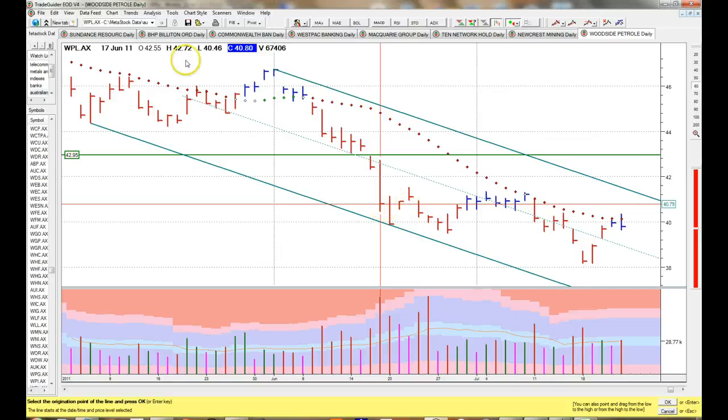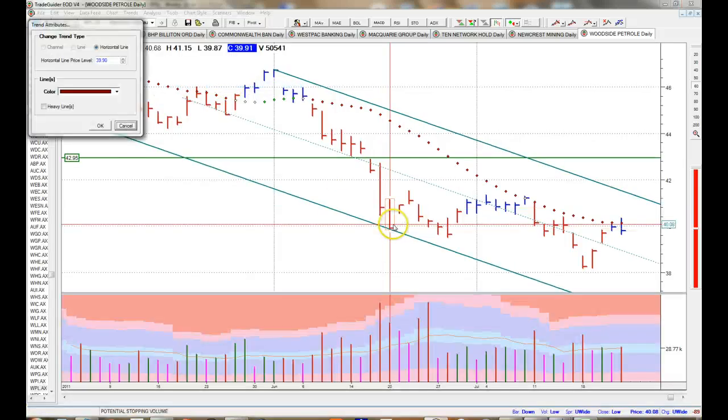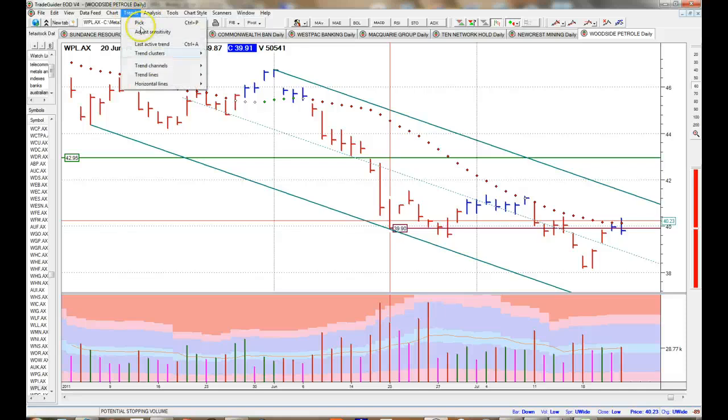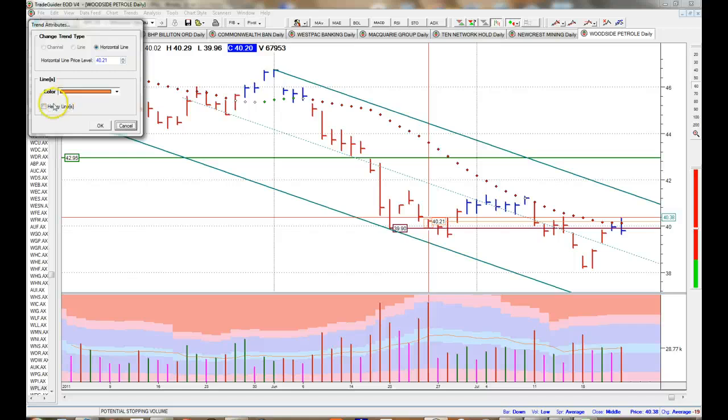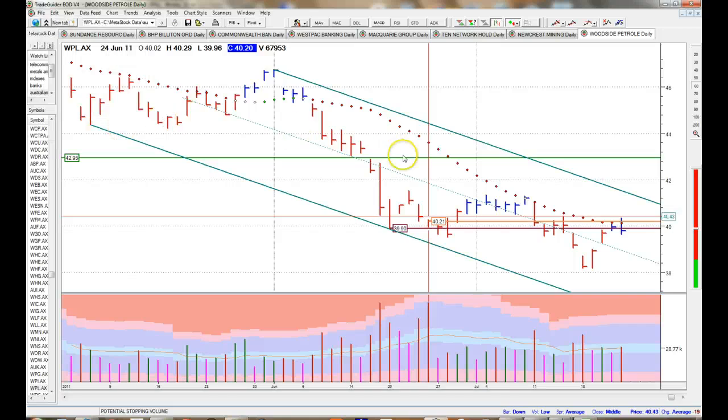But it's broken below that line there now. Well, it's sitting right on that second line there. That's probably the one you should be looking at. Anyway, it's broken below there, and it's going to need a bit of effort, I think, to get back up in there. But it does look like they've tried to hold it up there.